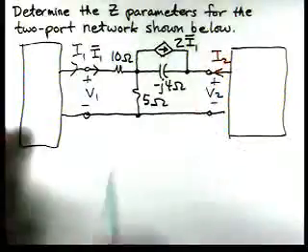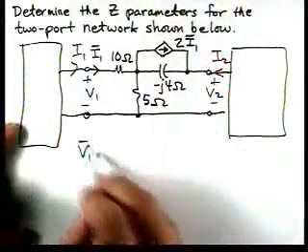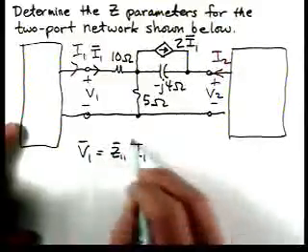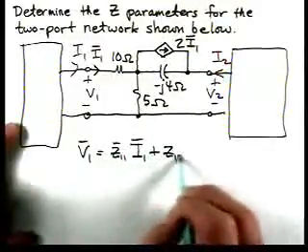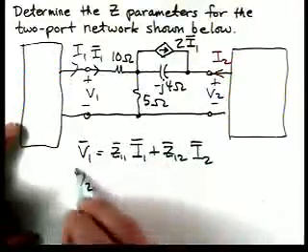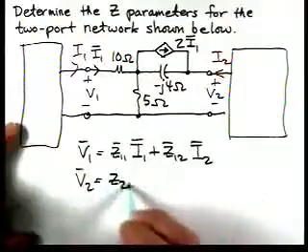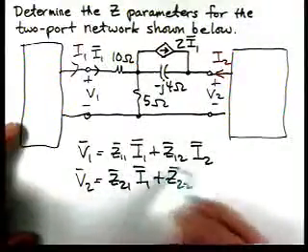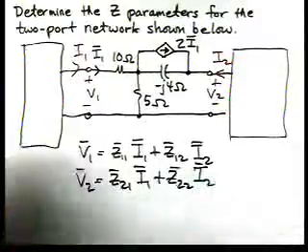Our Z parameters are going to be V1 is Z11 I1 plus Z12 times I2, and then V2 is Z21 I1 plus Z22 times I2.